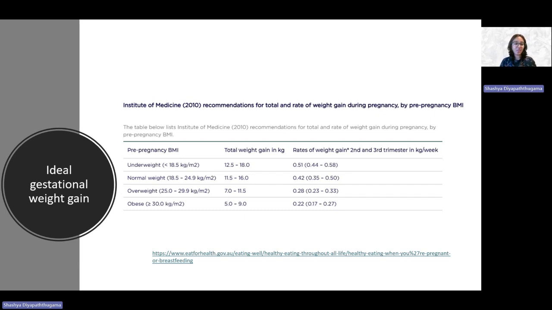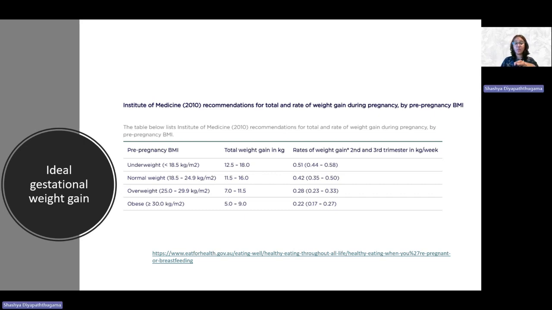For example, if a woman was in the normal healthy weight category before being pregnant, that is from 18.5 to 24.9 kilograms per square meter, their total weight gain during pregnancy would be 11.5 to 16 kilograms. This weight gain includes the total weight, including the fetus, amniotic fluid, and other maternal organs. So everything.